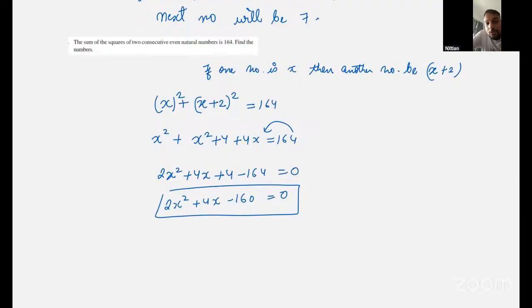Yes. So if 12 is considered as x, how will you write 14 in terms of x? x plus 2. Very good. So this is x and this is x plus 2, which is the next consecutive even number. Now it is given the sum of the squares is 164. Sum means add, and each individual square, is 164.